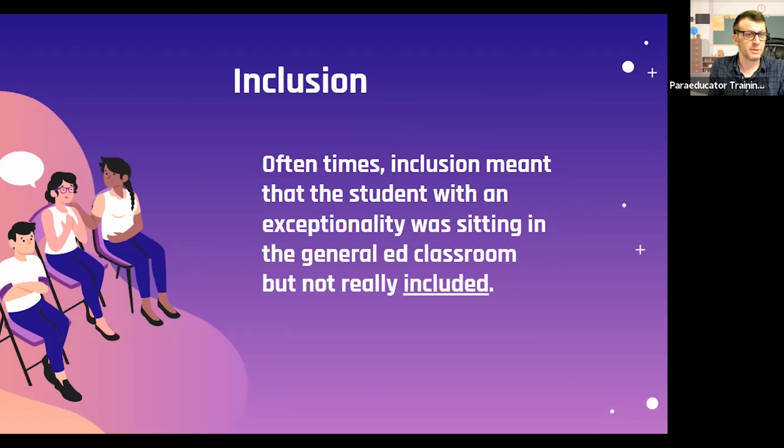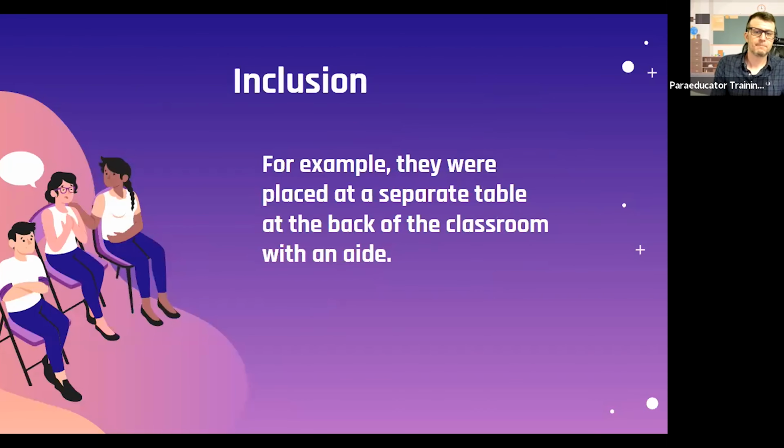They were just sort of there. Sometimes that would mean physically placing them at a separate table in the back of the classroom with an aide, who may or may not be as trained as you all are becoming.